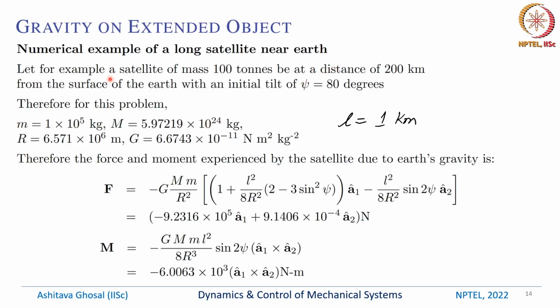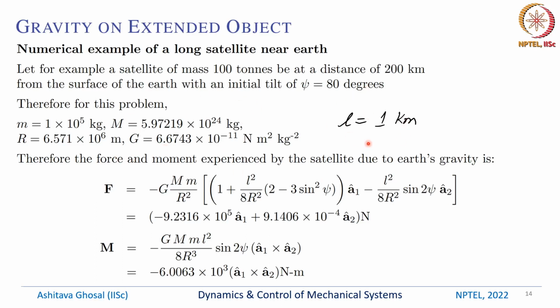Numerical example, okay, of a long satellite near the earth. So let's say the satellite mass is about 100 tons and it is a distance of 200 kilometers from the surface of the earth, and initial tilt, that psi, is 80 degrees. So if psi were 0, then again there is no perpendicular term, and there is no moment also.